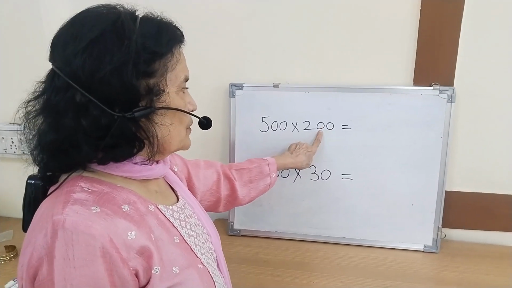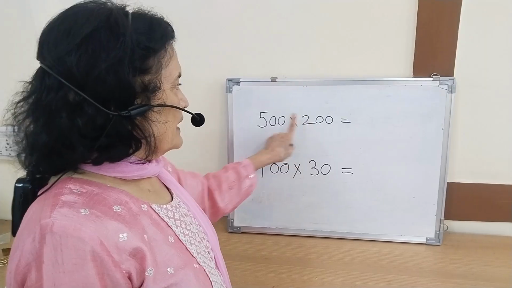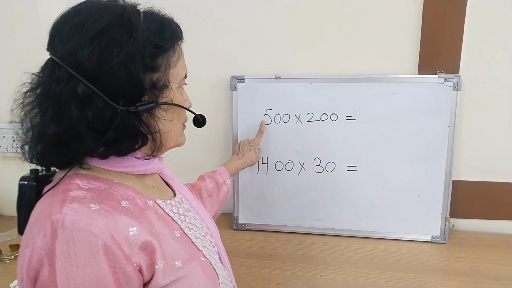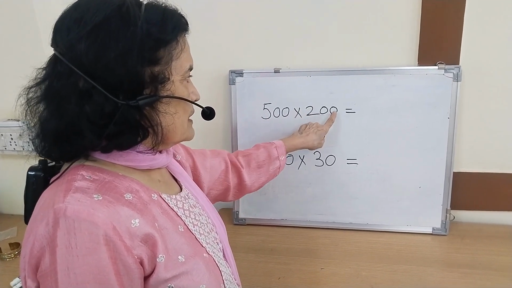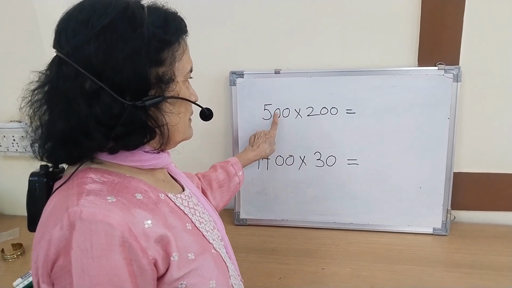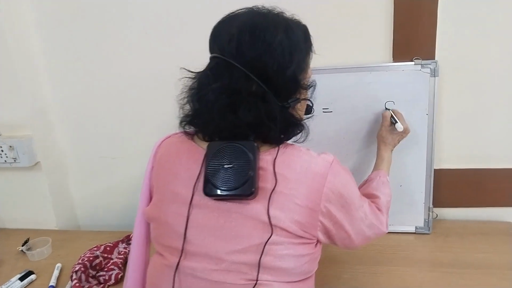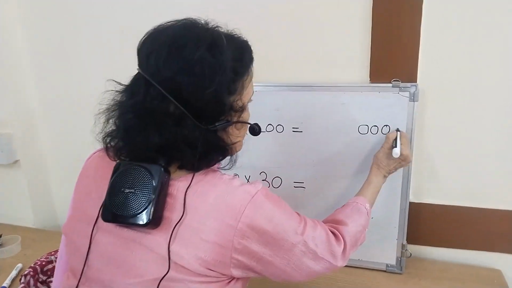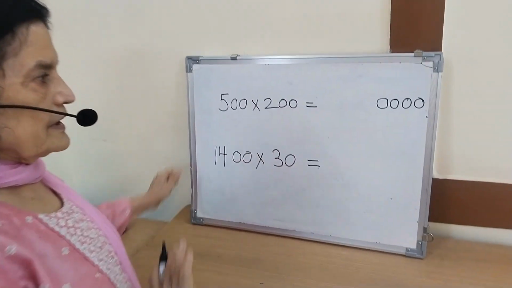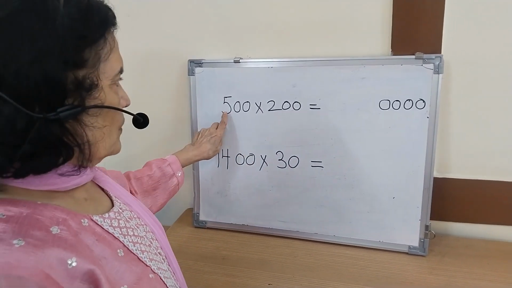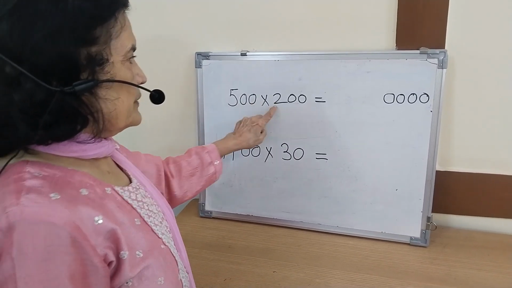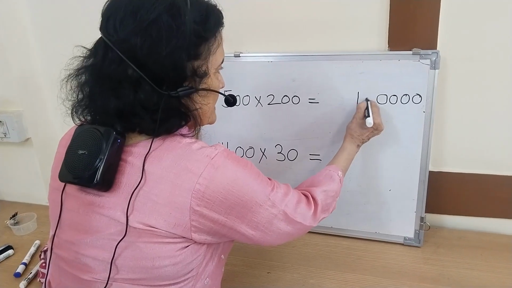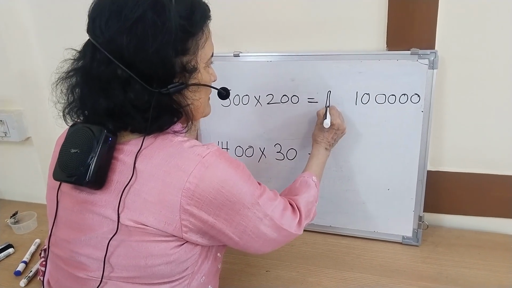Here are 2 zeros on 2. Here are 2 zeros on 5. So first of all, count the number of zeros: 1, 2, 3, 4. So we first draw 1, 2, 3, 4 zeros. And then only these two numbers are remaining. So multiply them. 5 twos are 10. So add them here. This becomes our answer.